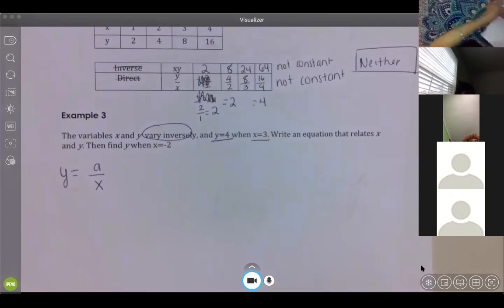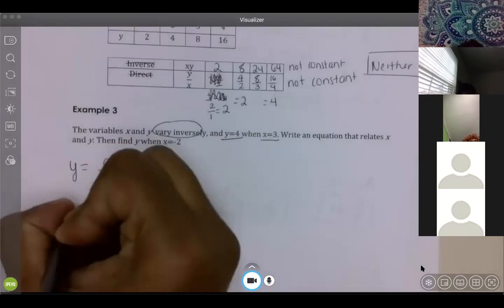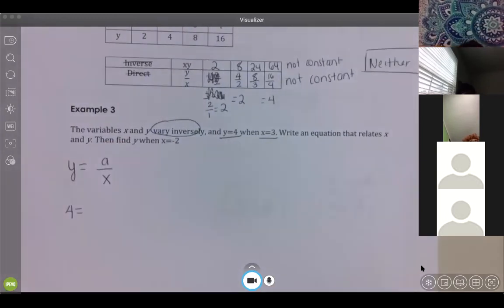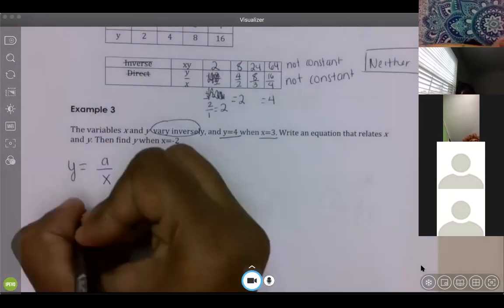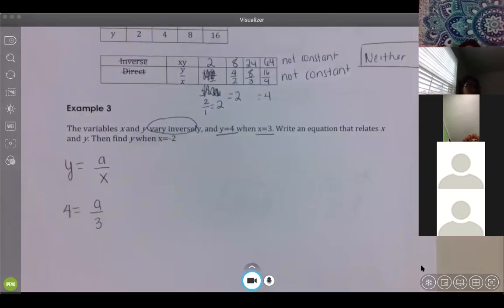So you're going to plug in 4 for y, and you're going to plug in 3 for x. Remember, your goal is to solve for a.